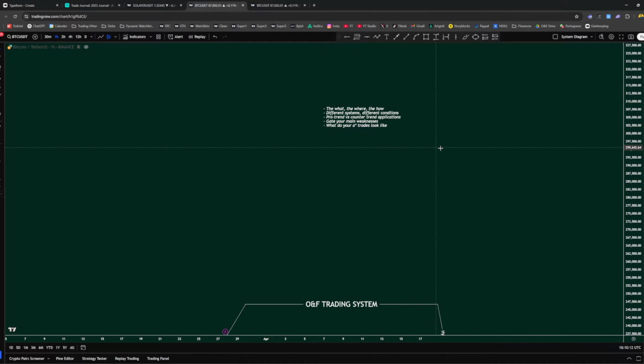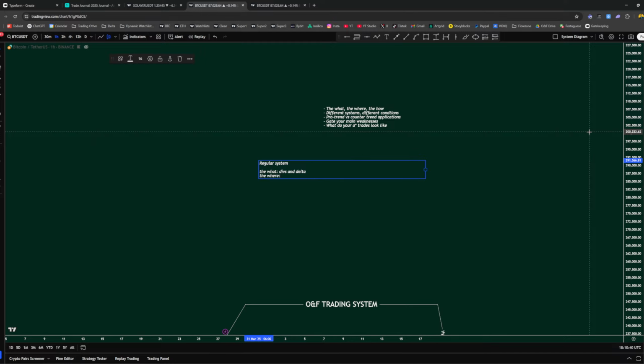So, like I say, I have two systems, right? Regular system. Right, let's just go through the what, the where, the how, okay? So for the regular system, the what: I'm looking for divergences and delta, okay?